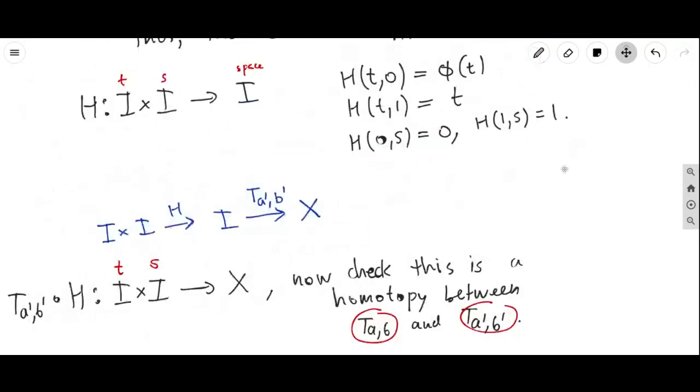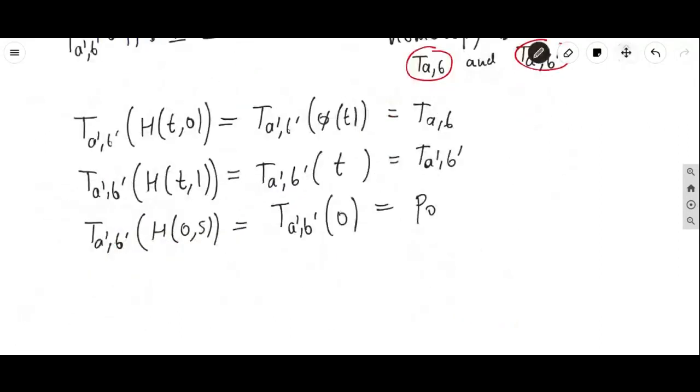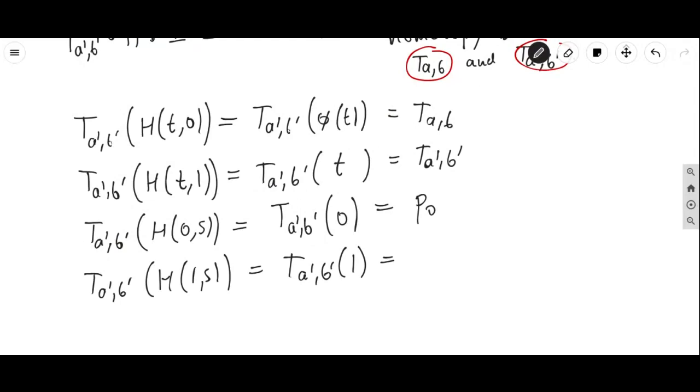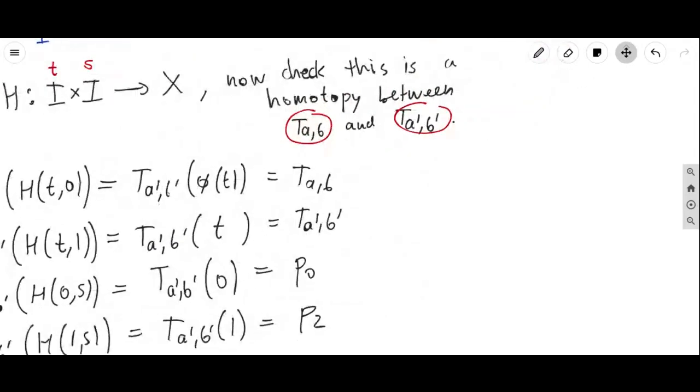And then you have the other one, H of 1 comma S, that would be T A prime B prime at 1, and the path finishes at P2. So look at that. You have created a homotopy that takes you from this triple product to that triple product, and it keeps these points fixed throughout the interpolation process, which is required for a homotopy.